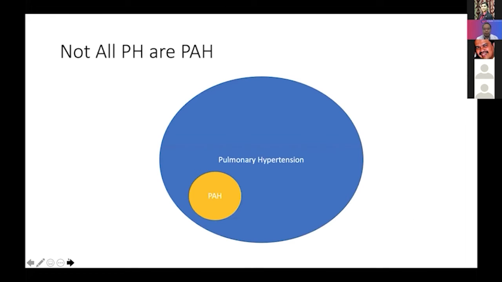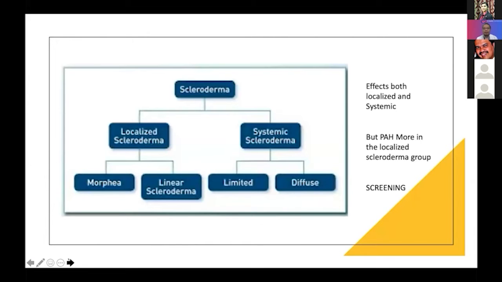When we talk about pulmonary hypertension, it is a big thing, and pulmonary arterial hypertension is part of pulmonary hypertension. It is further complicated when we try to associate this with scleroderma. We know that pulmonary hypertension affects both limited and diffuse scleroderma, but we see pulmonary arterial hypertension more in the limited group of scleroderma.